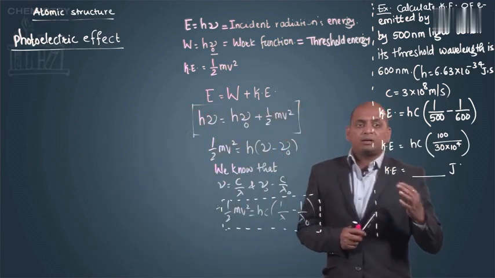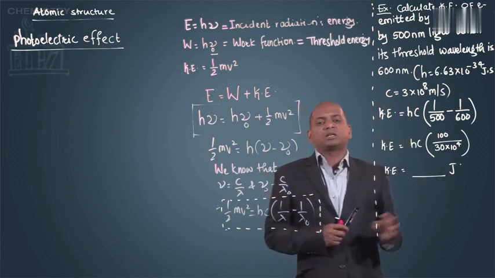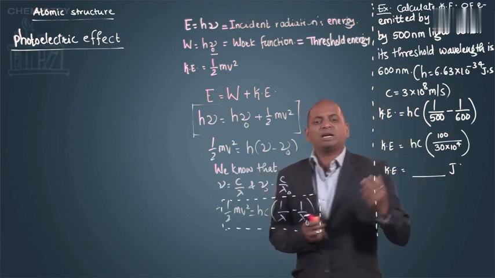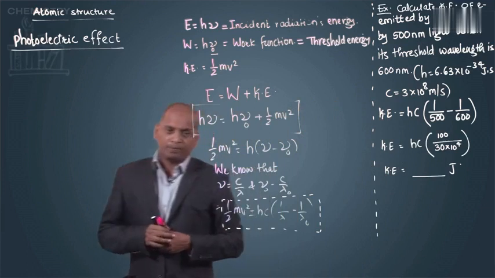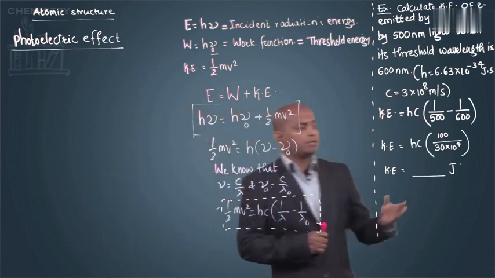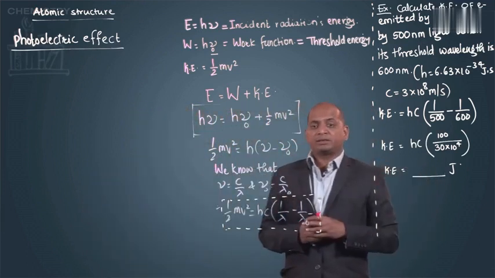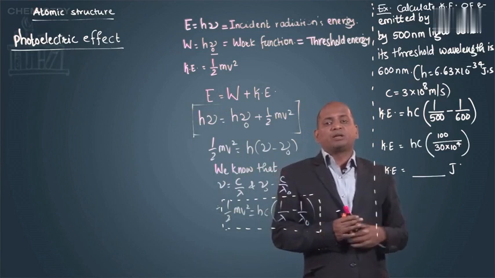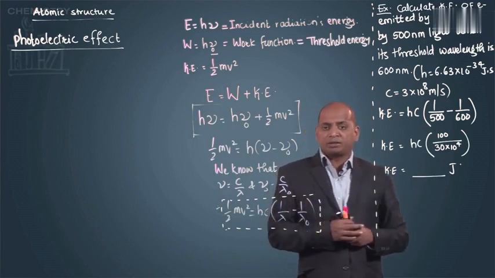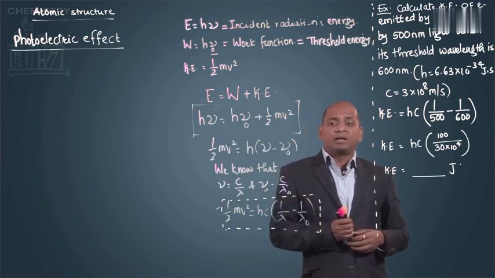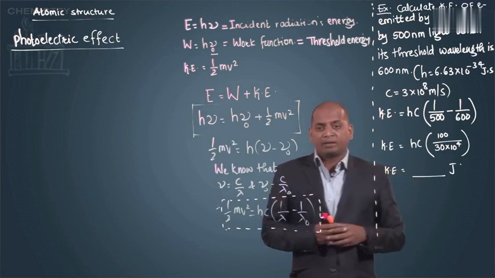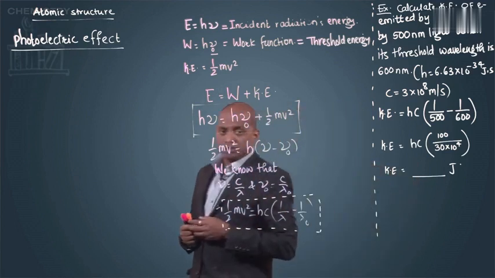Now, there are so many things associated. What kind of problems may they ask you? They may ask you to calculate the frequency of incident radiation, the threshold frequency, or the velocity of light or of incident radiation.